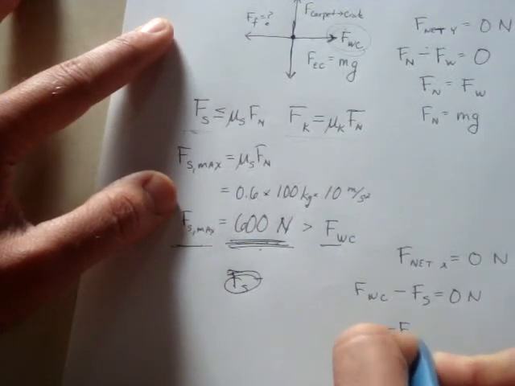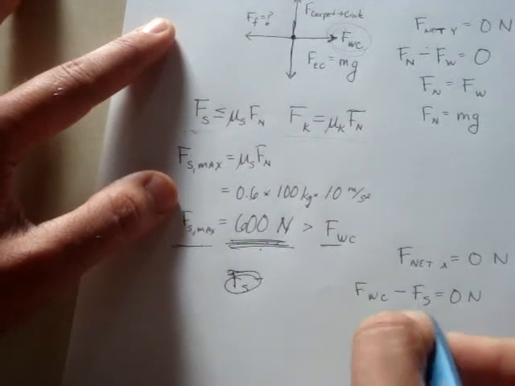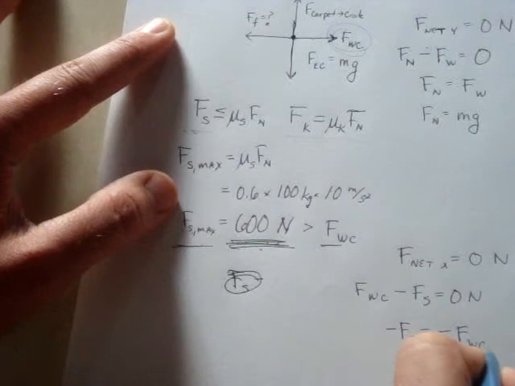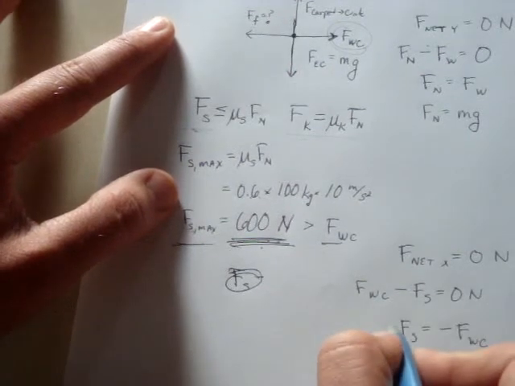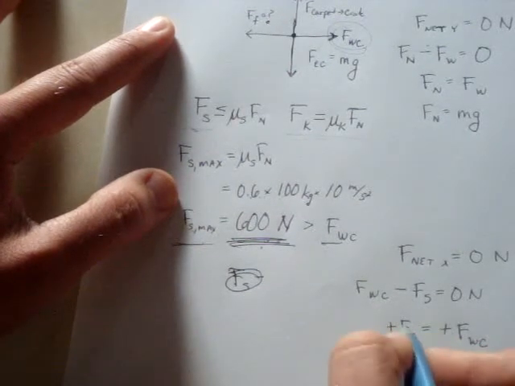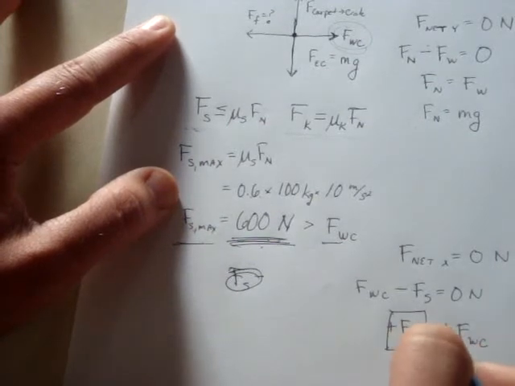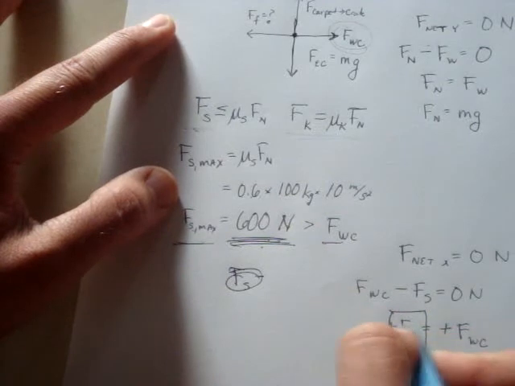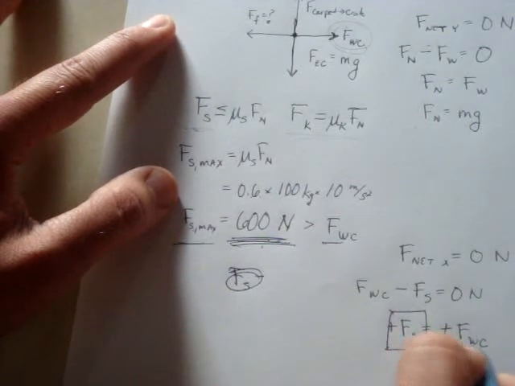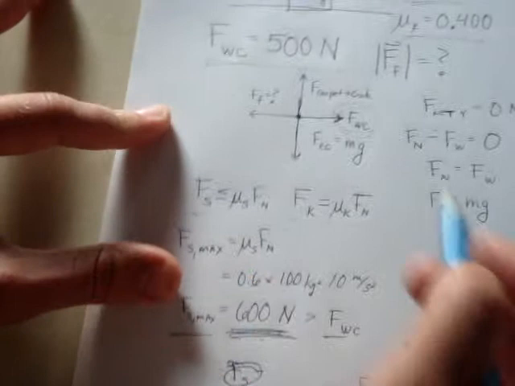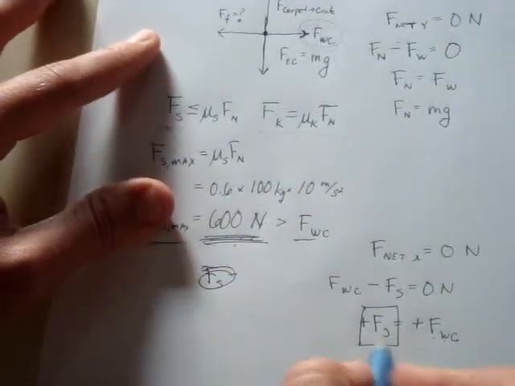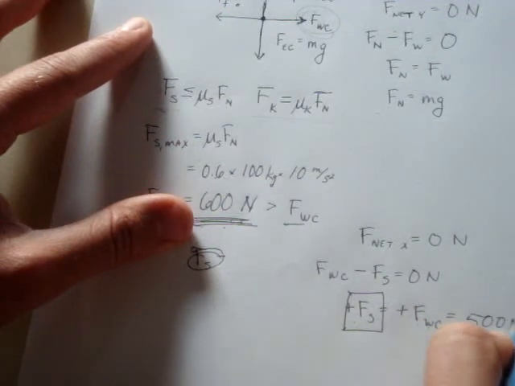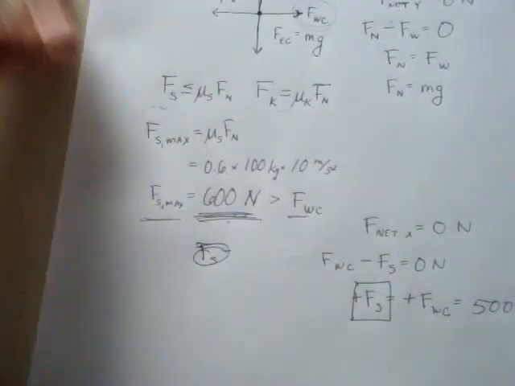We have minus the force of static friction equal to, bringing this over to the other side, the force of the worker on the crate, only in the opposite direction. So the magnitude of the force of static friction in this particular case is going to be equal to the force of the worker on the crate, which is what we needed to know, the magnitude of the frictional force. Okay, so that is equal to 500 newtons. Awesome. 9 seconds ahead of time.